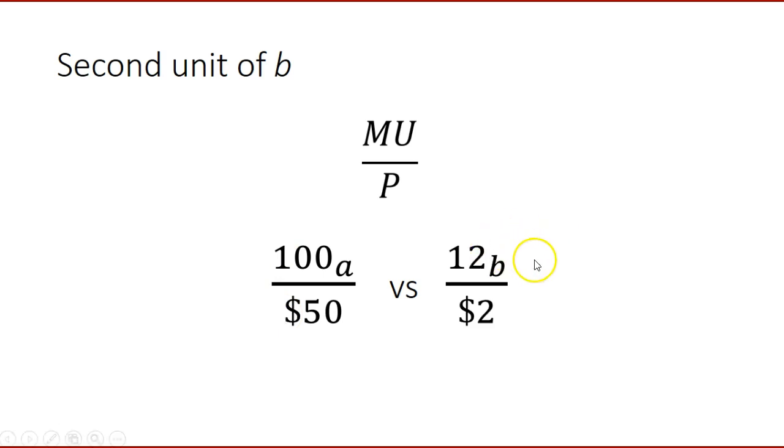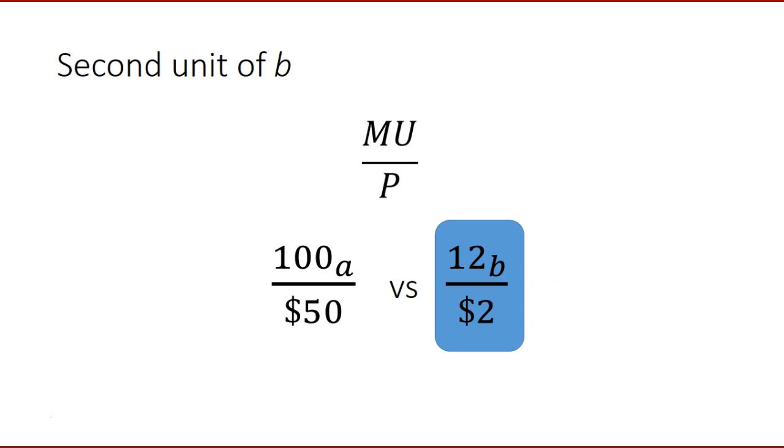What about the second Mars bar? Well, the second Mars bar, due to the law of diminishing marginal returns, now gives us only 12 units of happiness, but we only had to pay $2 for it. So we're effectively getting 6 units of happiness per dollar. The second Mars bar is still a better deal than the concert.